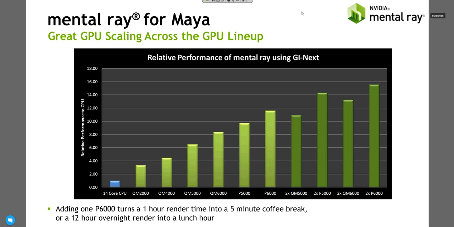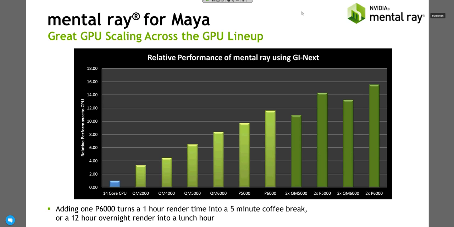Here's a quick slide that'll give you a brief overview of the kind of performance increases you can expect with various GPU offerings we have, from the lowest Maxwell QM2000 cards all the way up to our current top offering, which is the Pascal P6000.